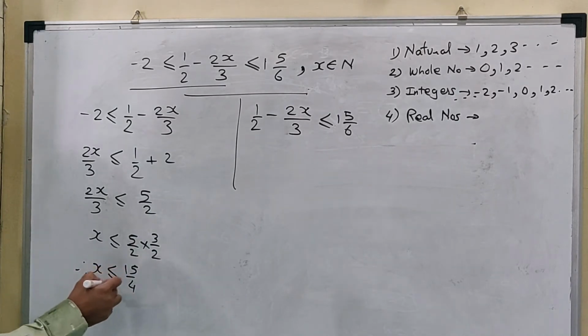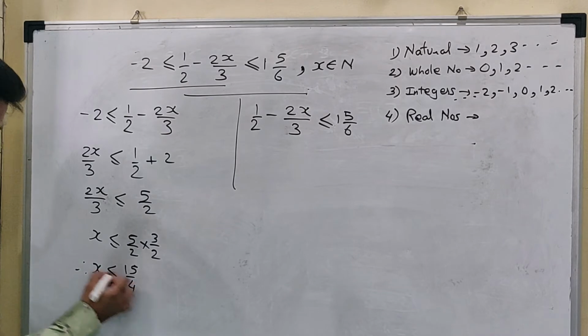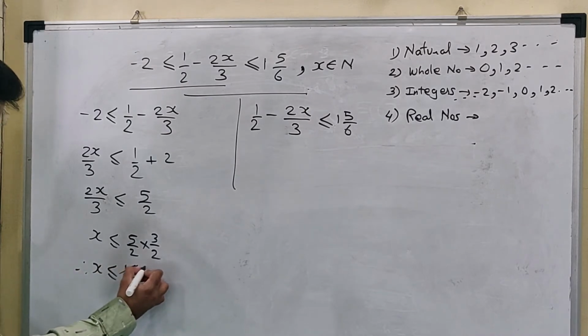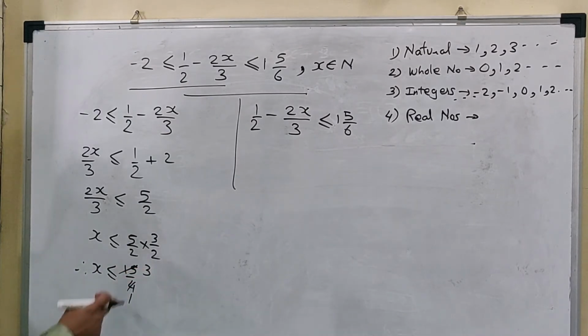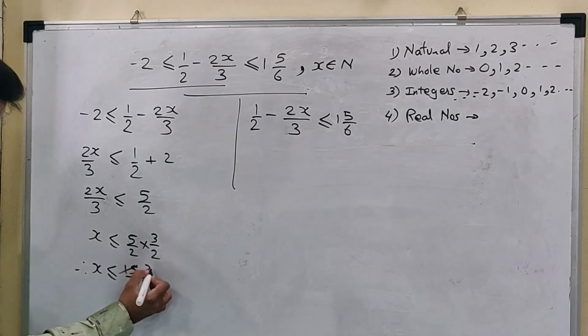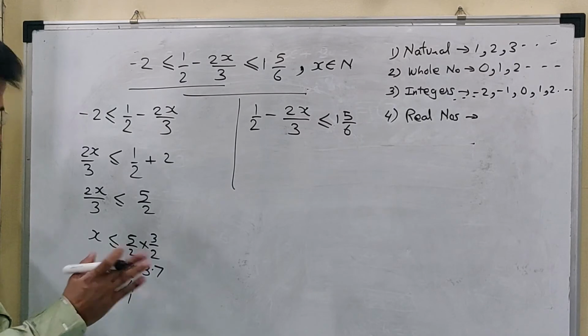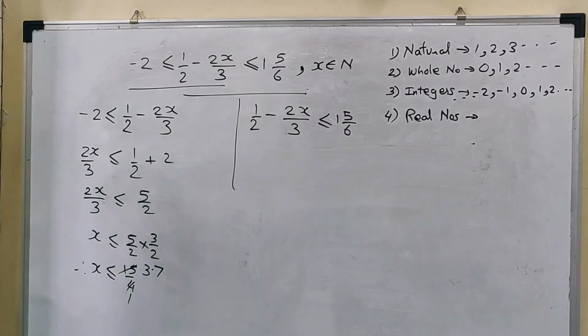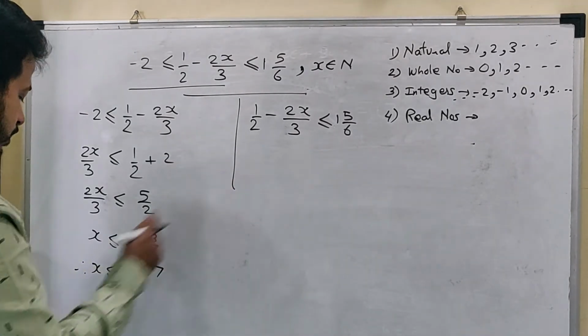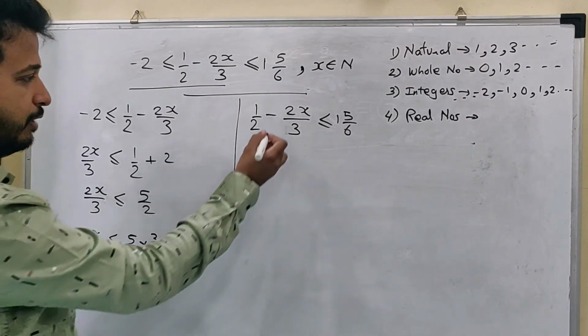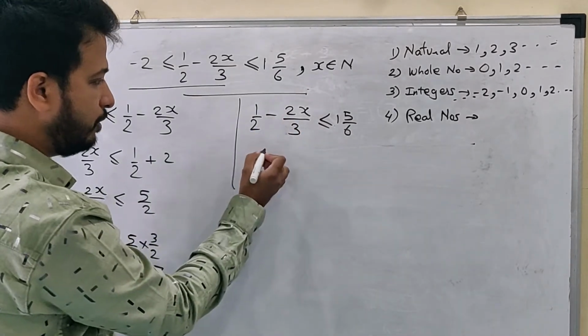Okay, so if I work out the decimal value of x, 4 ones are 4, 4 3s are 12, 4 7s are, so it is something near about 3.7, right? So I'll just take this as an approximate value. So x is less than or equal to 3.7.